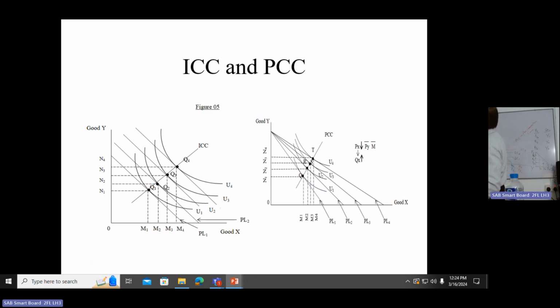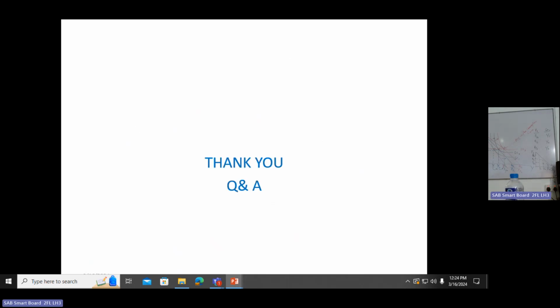If it is downward sloping, maybe it is an inferior good. Based on that, we can analyze the situation. Same thing with the price consumption curve: there are different cases, and we can analyze that also. We will talk about that next day.